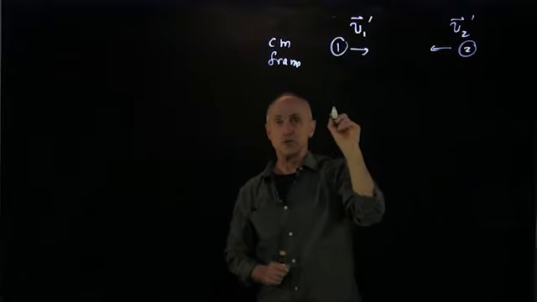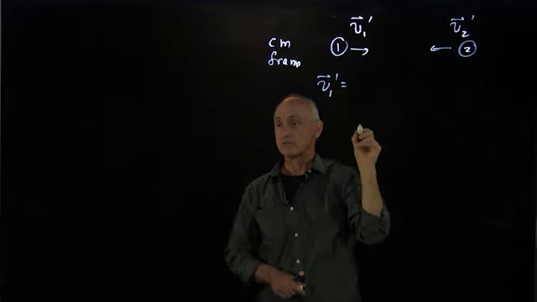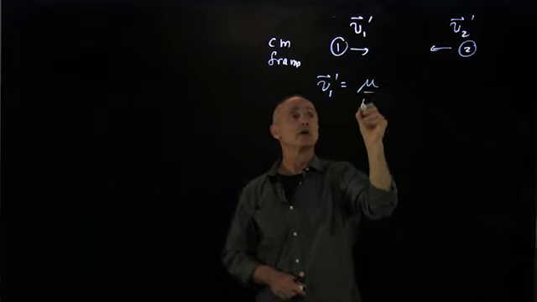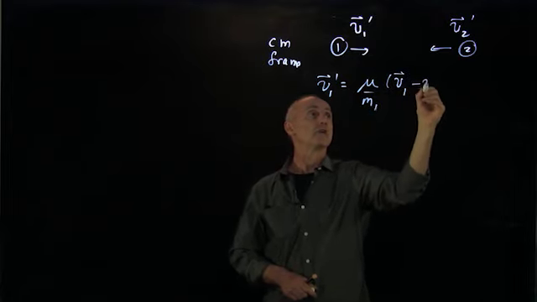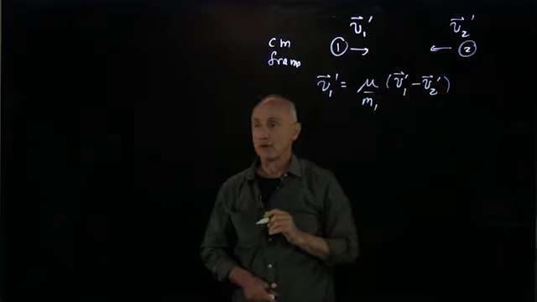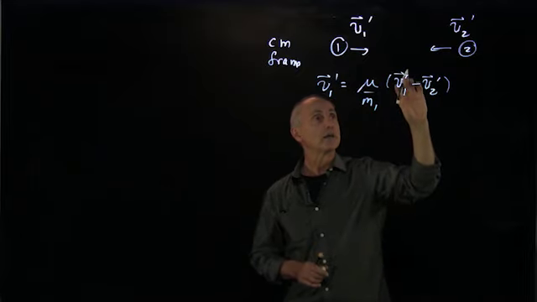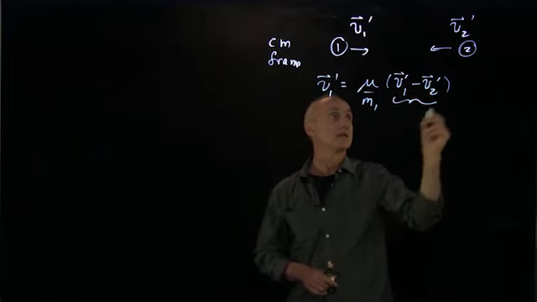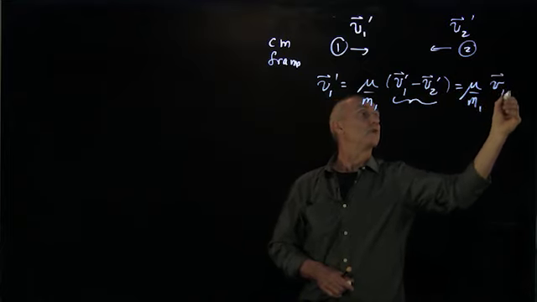And recall two things. When we calculated v1 prime in the center of mass frame, we found that this was equal to the reduced mass divided by m1 times the relative velocity of the two objects, v1 minus v2. Now, this quantity is reference frame independent, and so we can just write that as v12.